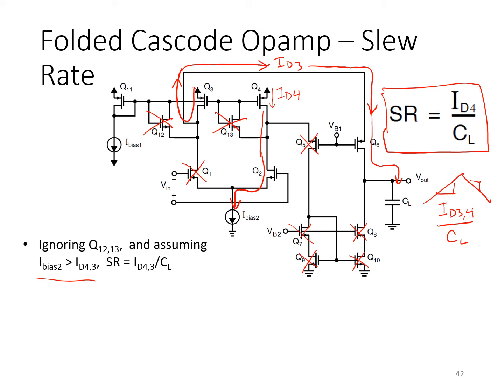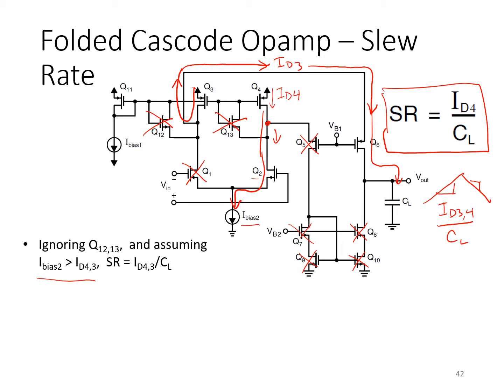ID4 and 3. Now, a problem with this op-amp in this case is that with I bias 2 exceeding ID4, which as I said is a normal case, this voltage here would be pulled down by I bias 2 faster than ID4 could supply it. So the voltage here would actually drop and continue dropping down, down, down, pushing Q2 into triode ultimately, and even the current source I bias 2.